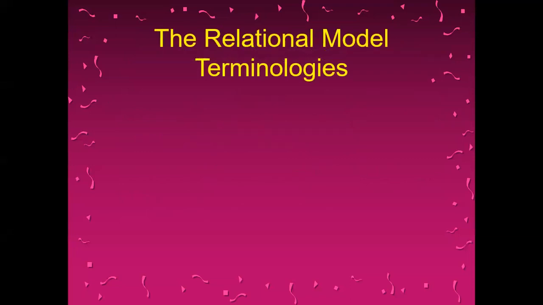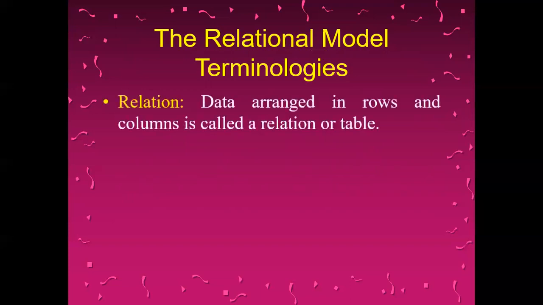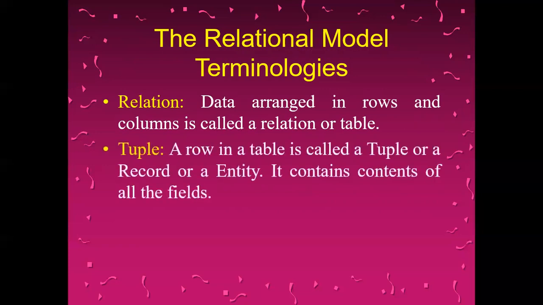What are the commonly used relational model terminologies? First one is relation. Data are arranged in rows and columns, and it is known as relation or table. Relation is the other name for table. Tuple.